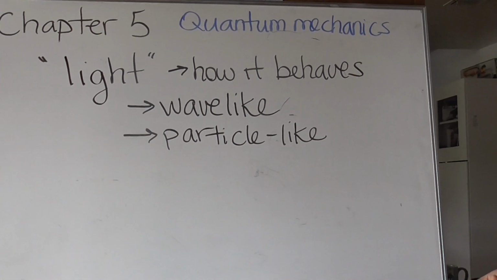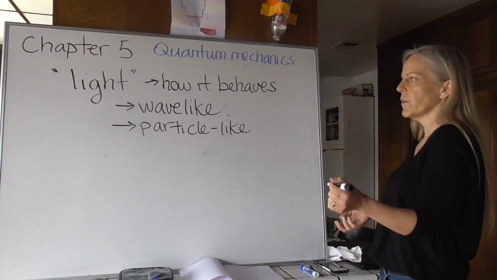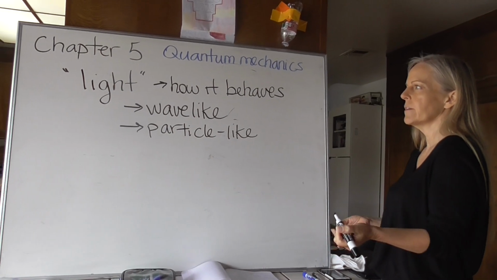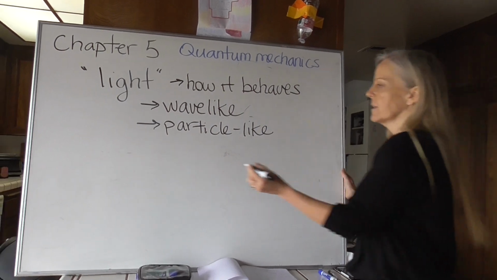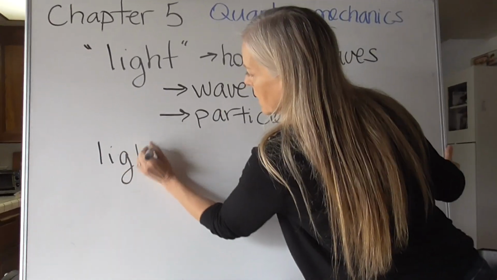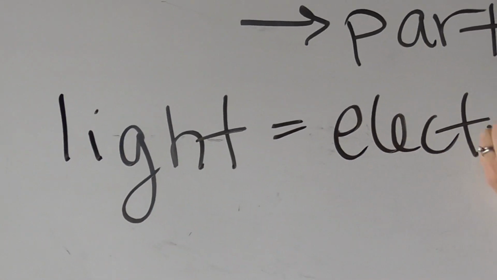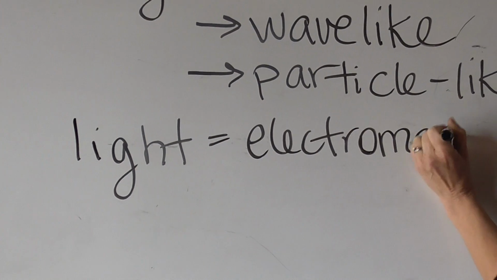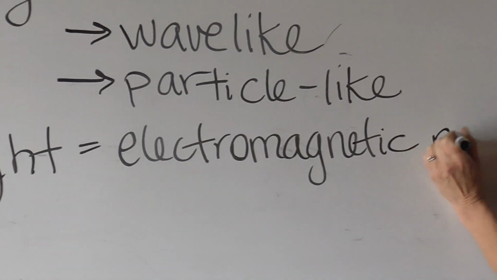So I have all these different terms for light. Let's talk about those so that when I refer to this vocabulary, you'll understand and go back and relate it, that it's really the same thing as light. So light equals electromagnetic radiation.